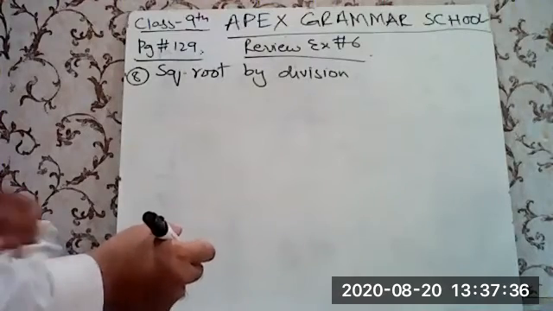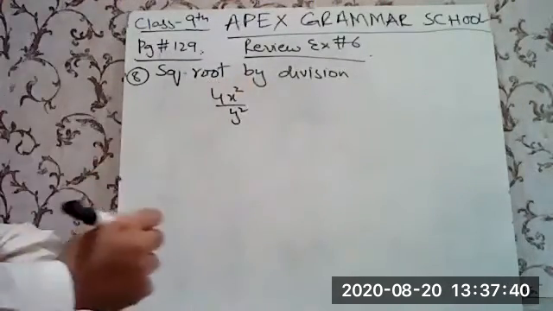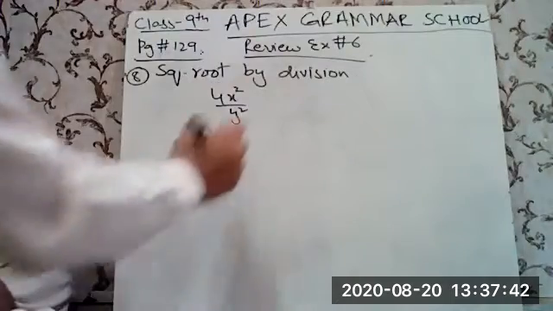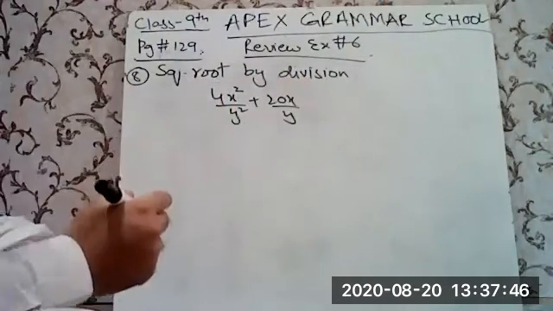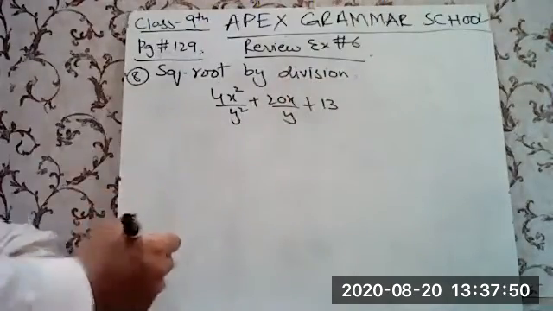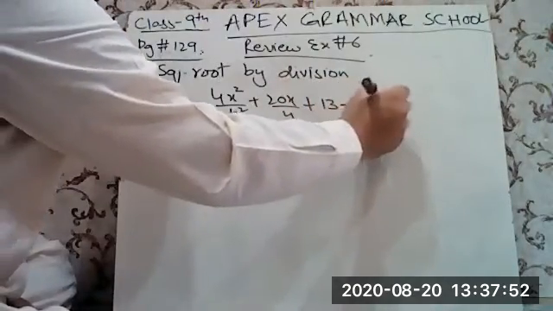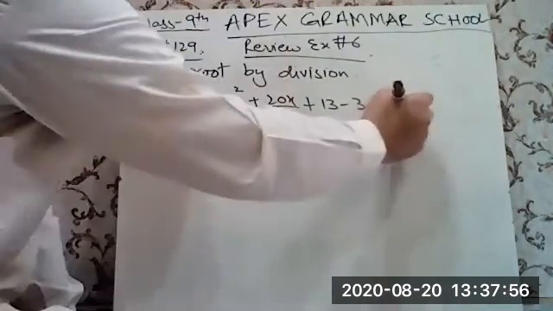Very simple. 4x square over y square plus 20x over y plus 13 minus 30y over x plus 9y square over x square.